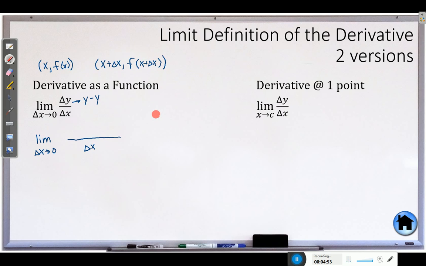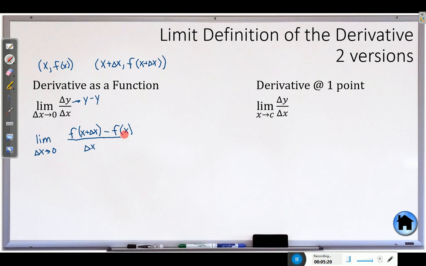So those are the 2 points. We are going to write that in the slope formula now. So we're going to take the y value and subtract the y value. So that is f at x plus delta x minus f at x.